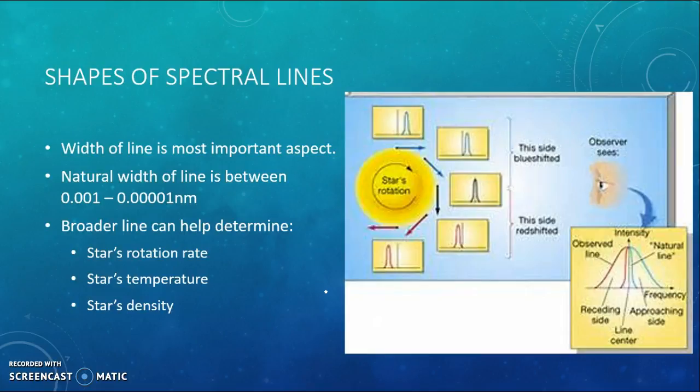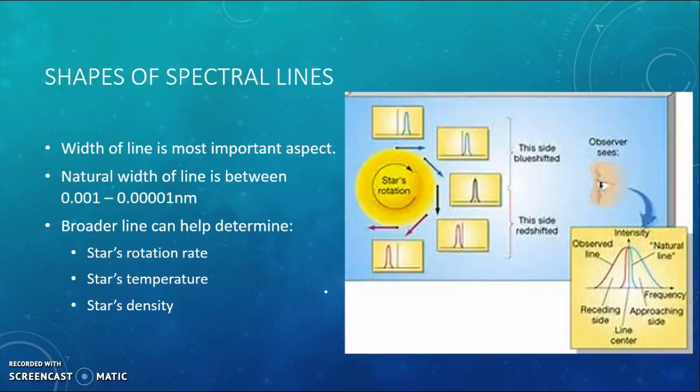Well, if there's a larger Doppler shift or change in the Doppler effect, then it's going to give us a wider line. Okay, and then for the last one, for the density, it's based on collisional broadening. So it depends on how thick the gas is. If the gas is dense, you're going to have more collisions, and the more collisions you have, the wider the lines are going to be.